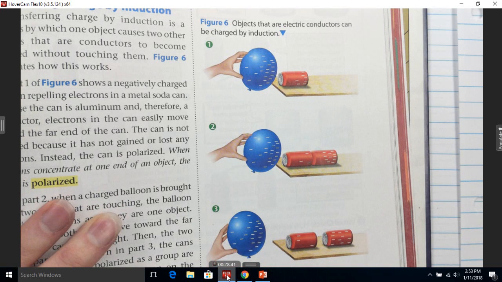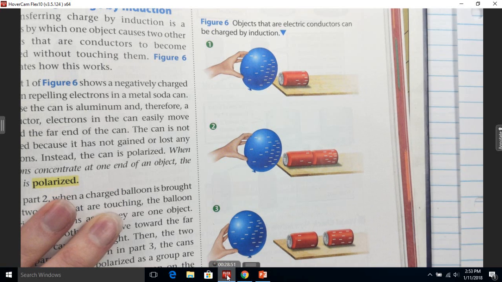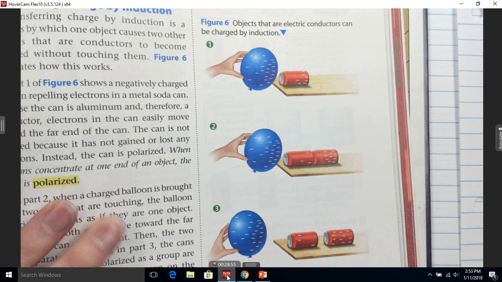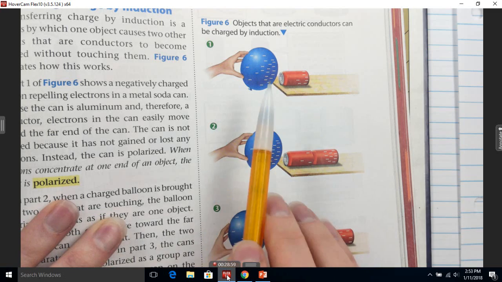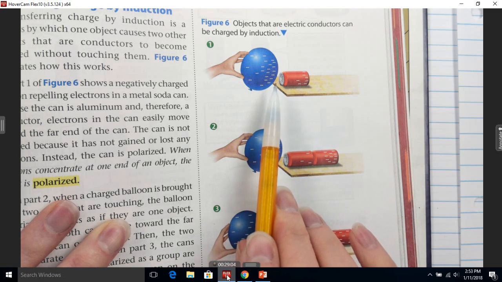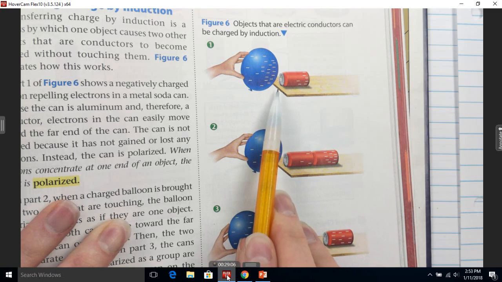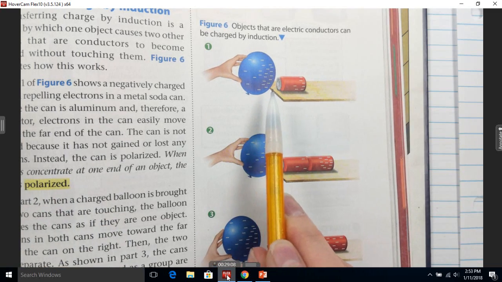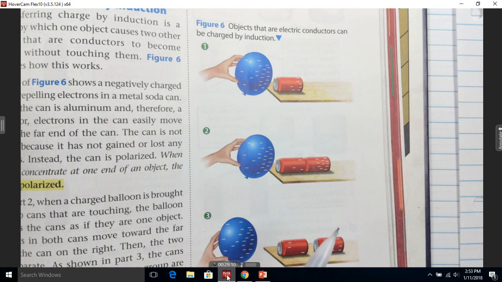The balloon's electrons are going to push all of the electrons in the can to one side. Because what would like charges do? Repel. They're not touching. We're gonna do this. It's cool. We can make the can roll without touching it.